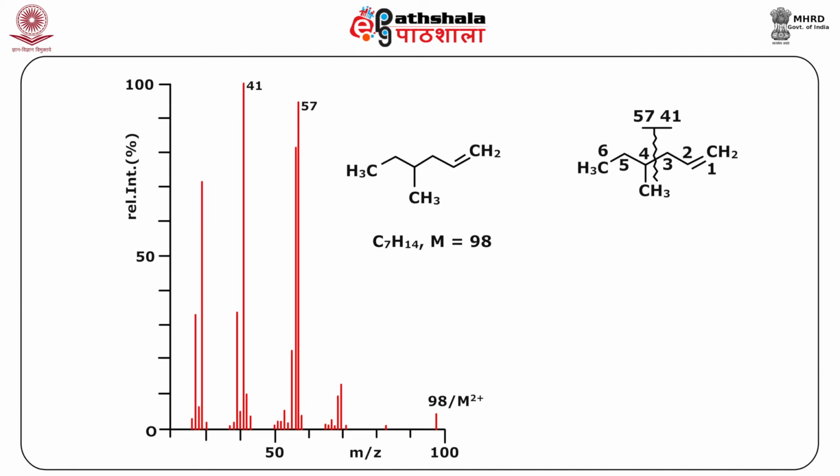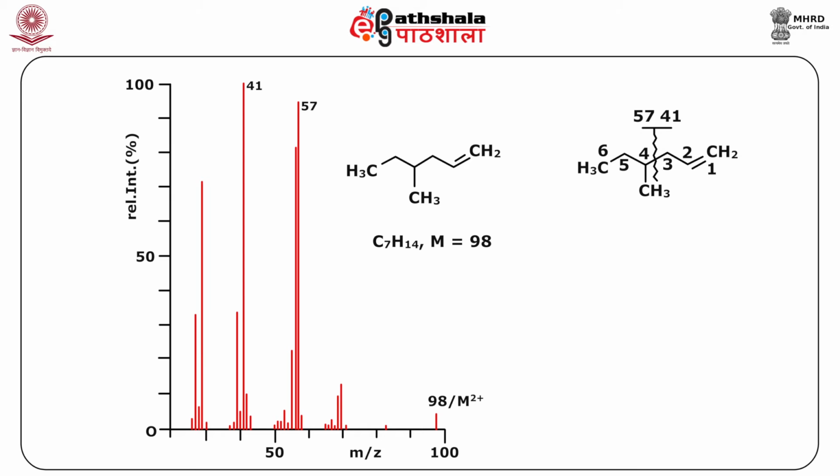Now students, if you consider similarly the mass spectrum of 4-methyl-1-hexene, then it will tell you the cleavage will be preferably at the position where a secondary carbocation is generated, and its position is marked here in the spectrum with the correct m/z value and at that particular intensity.